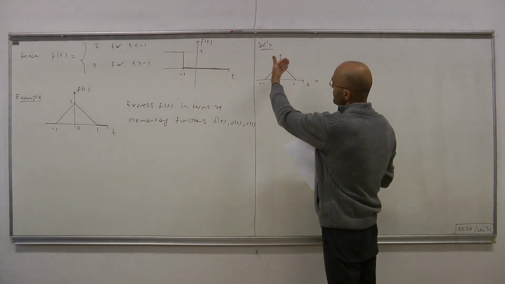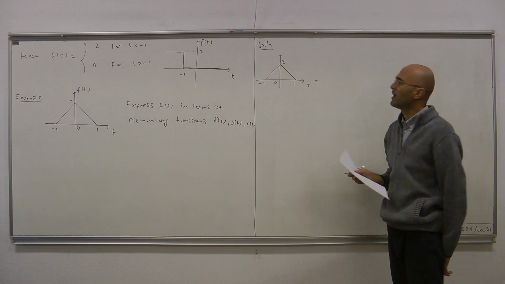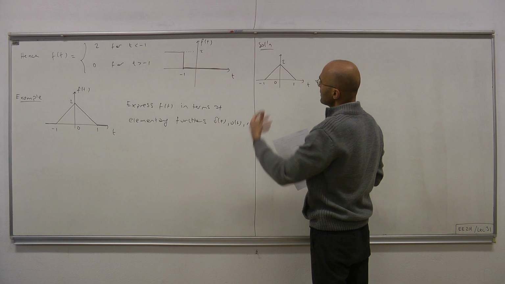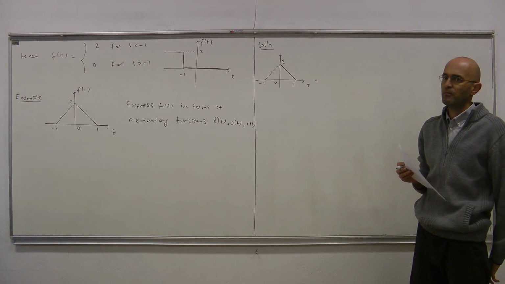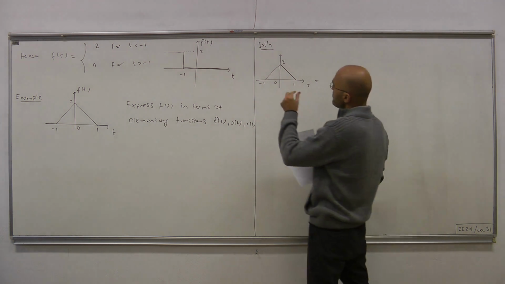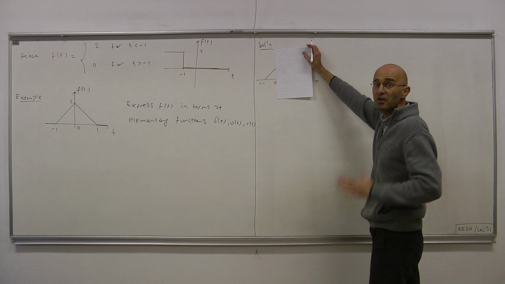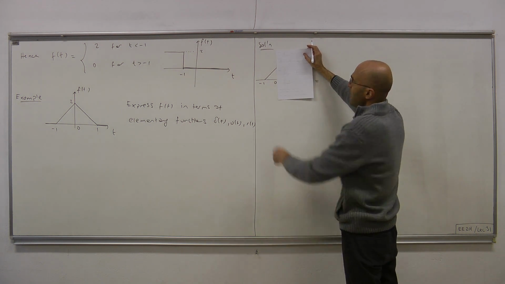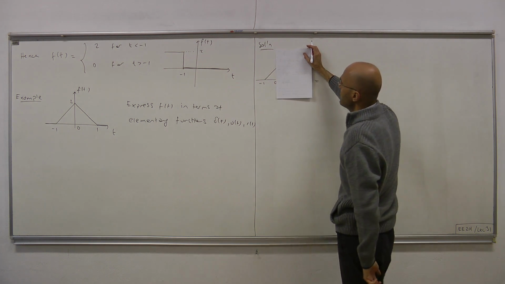Whenever the slope is constant, we think immediately of the ramp function. Now, the unit ramp has slope 1, so to make it slope 2, all we have to do is multiply it by 2. Another difference is that the ramp function starts growing at t equals 0, whereas this one does that a little bit earlier. But that's a minor difficulty.